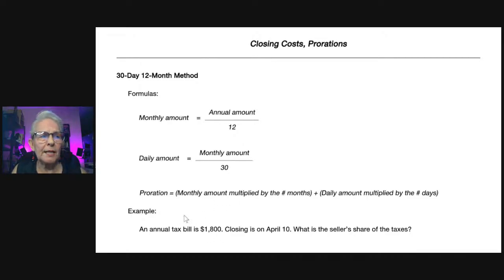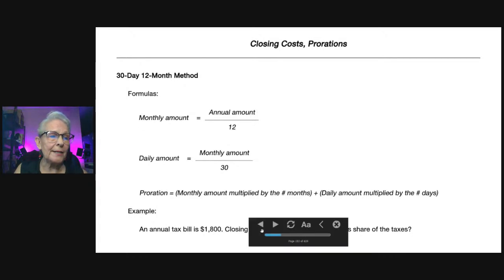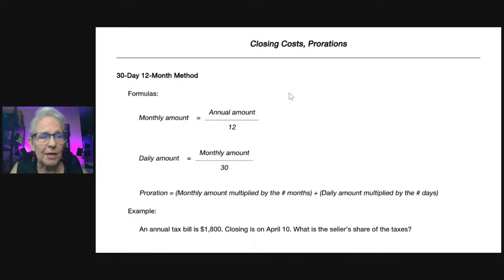So we would take the annual amount here, 1,800, and divide that by 12 months, and we get the monthly amount. Now we need to find out how many days there are, January, February, March, and then to April 10th, in order to calculate what the seller's portion of the prorated taxes is going to be.